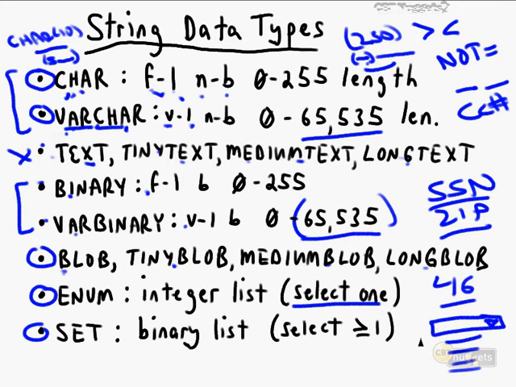Or it would also be something like a radio button control where you can choose only one from a pre-configured list. You'd use the set data type for what's called a binary list where you can select more than one. That would be useful for a checkbox field where you can select more than one option. So that in a nutshell is how the string data types work.